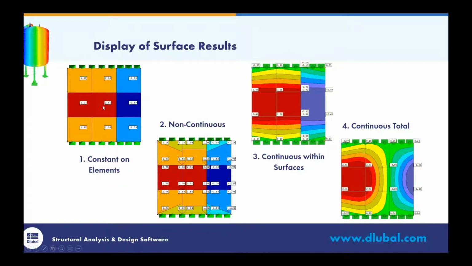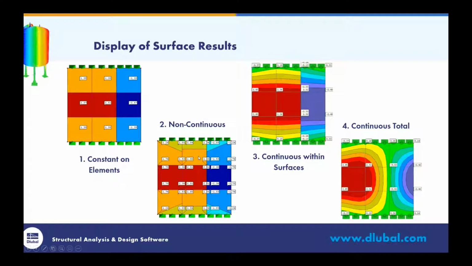So each FE mesh element will only have 1 color here. The second option, non-continuous, you can see that there are quite a bit more results available because instead of averaging out those 4 corner values, we're going to display them separately for each FE element. So now you'll have multiple color contours within a single FE mesh element.